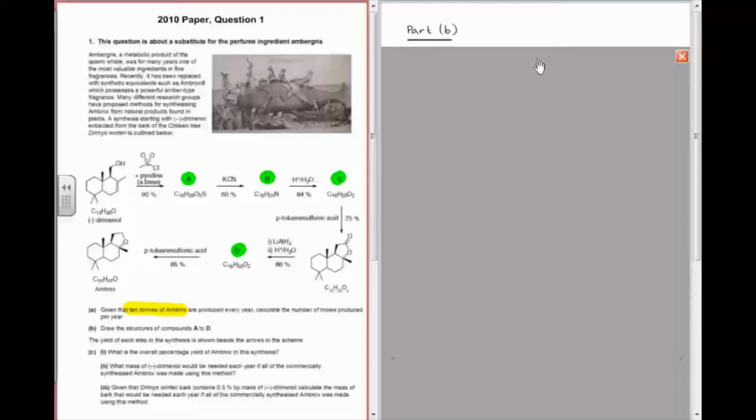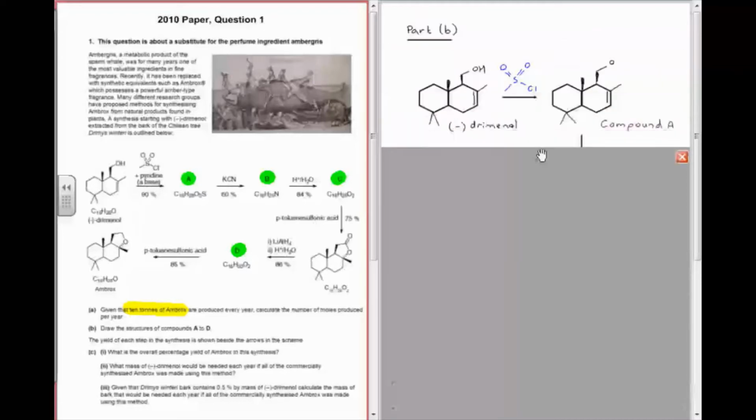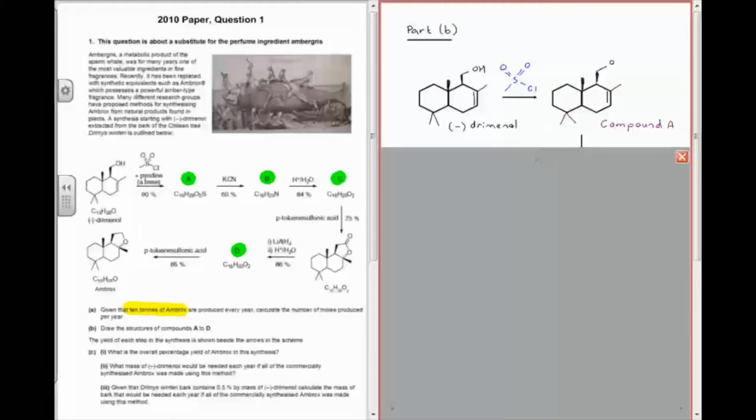If we do this for our starting material, the driminol, we can see that it contains a hydroxyl or an alcohol group, which we know to be nucleophilic on the oxygen as a result of the lone pair.